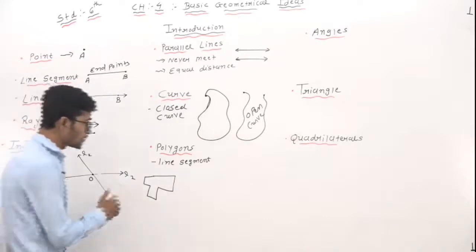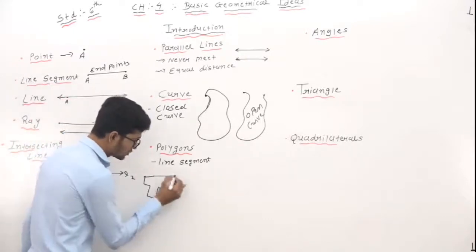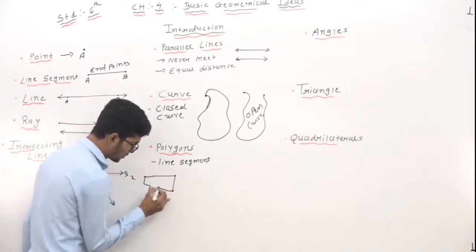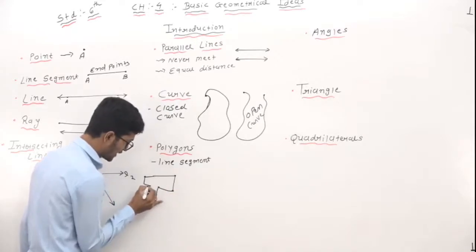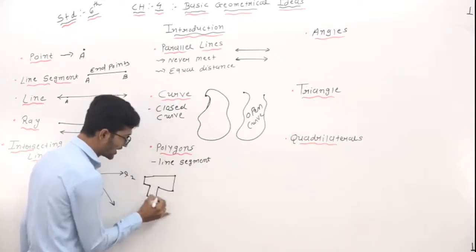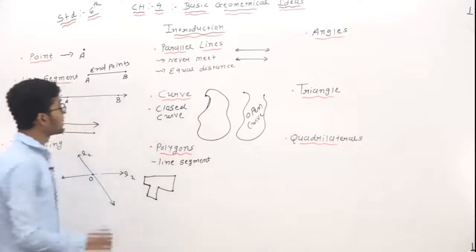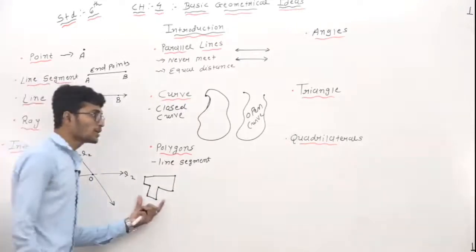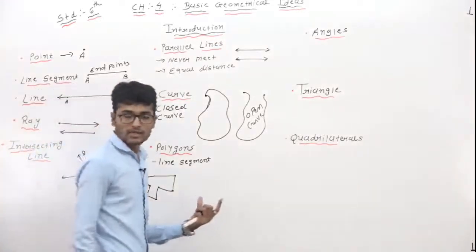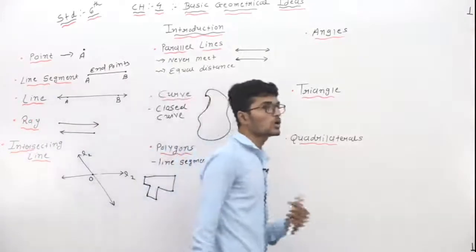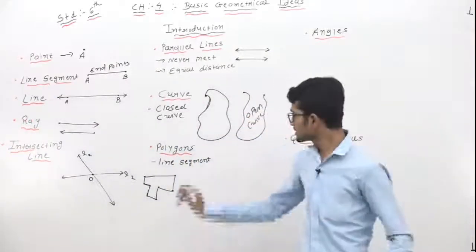So it's called a polygon. See, these are the ending points. So the endpoints, it means using line segments, right? So it's called a polygon.